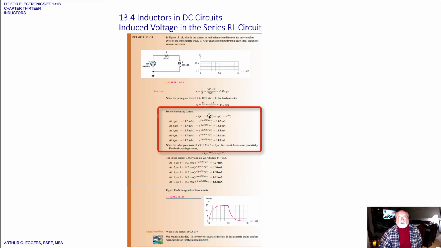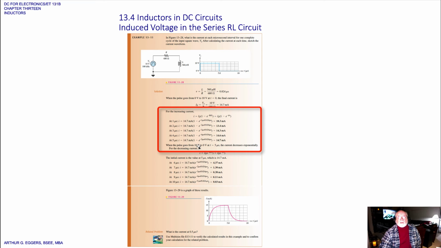You don't have to enter all those values in. At 1 microsecond, 14.7 milliamps, which is the final current, times 1 minus e to the minus t over tau gives us 10.3 milliamps. 13.4 milliamps at 2, 3 microseconds, 14.3 milliamps, 4, 14.6 milliamps, 5, 14.7 milliamps.